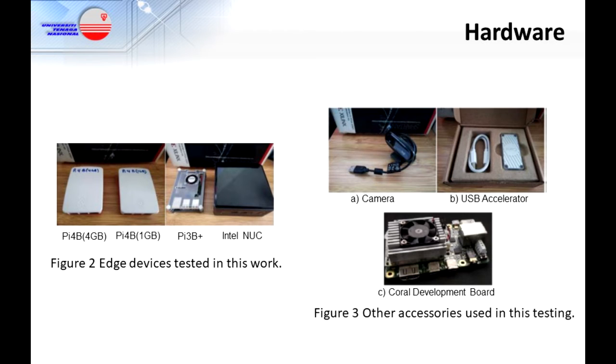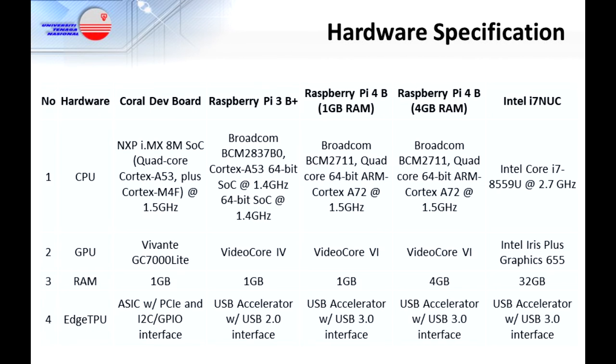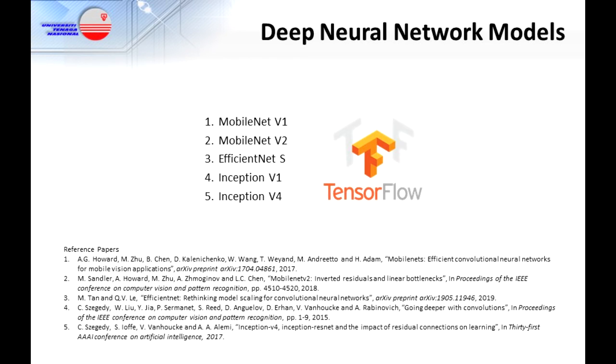There are 4 types of edge devices used, which are Raspberry Pi version 4, version 3, and Intel NUC. These are all the hardware specifications for the edge devices used in this testing. For the deep neural network models used in this testing, there are 5 types of different neural networks, which are MobileNet version 1, MobileNet version 2, EfficientNet S, Inception version 1, and Inception version 4.